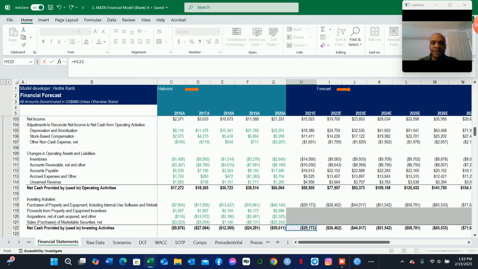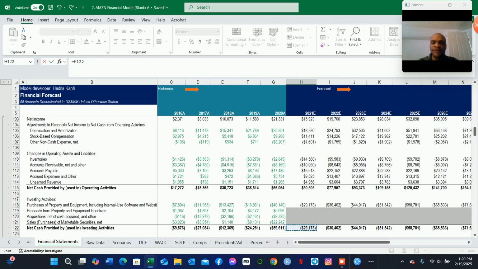We don't have any acquisitions net of cash acquired, and also any sales and purchases of marketable securities such as treasury bills or banker's acceptance or commercial paper. We don't have any of those investing activities except for the purchase of property, plant, and equipment, including internal use of software and website.